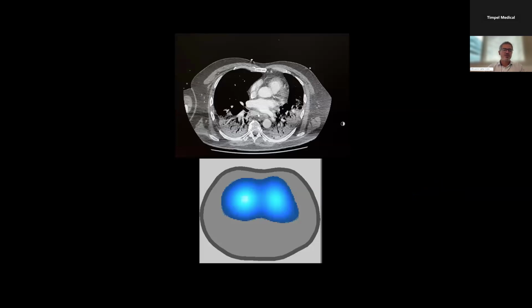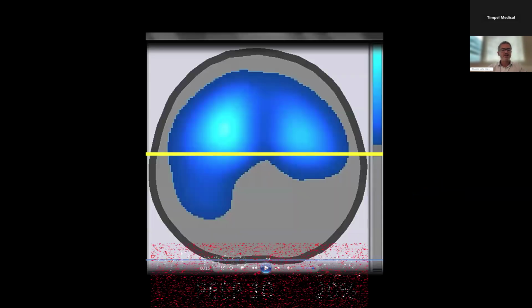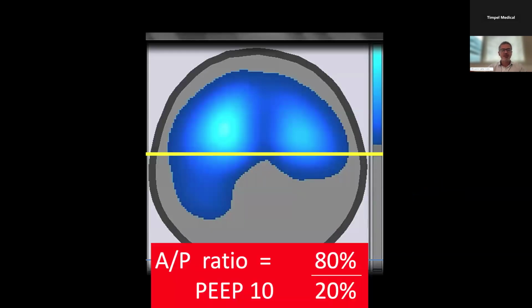For example, if you have a patient with a lot of collapse in the dorsal regions, you might see something like this. You see that the dorsal regions of the lung in EIT are silent, because there's no air coming in and out. This is how we first came up with the idea to try to estimate this. You can see that these regions are not ventilating at all.